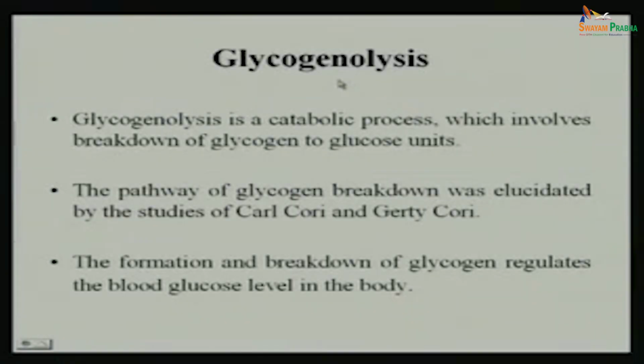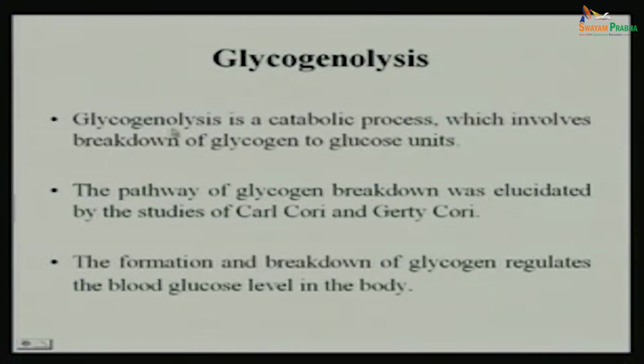Now, if we see the glycogen breakdown, that means when the cell is in need of glucose, then glycogen is once again chopped down to glucose moieties. Now, how is it taking place? Glycogenolysis is a catabolic process which involves the breakdown of glycogen to glucose units.